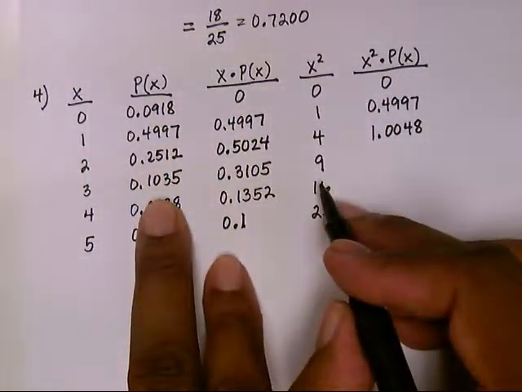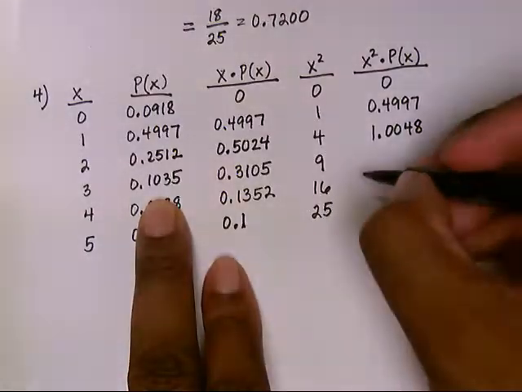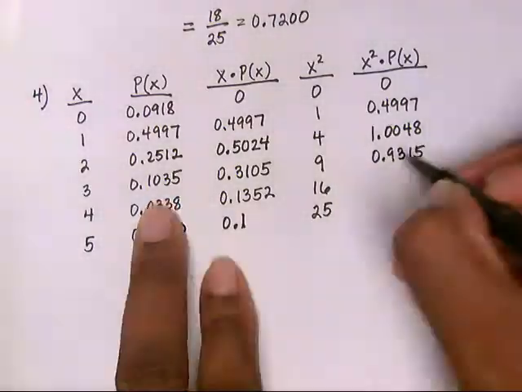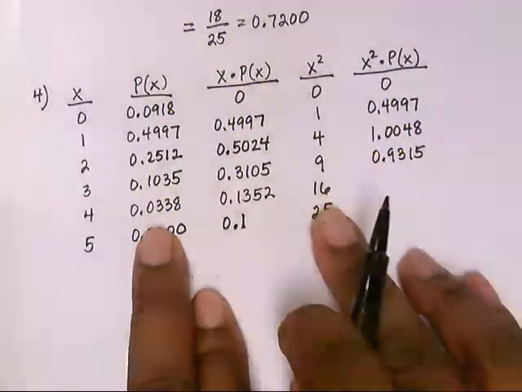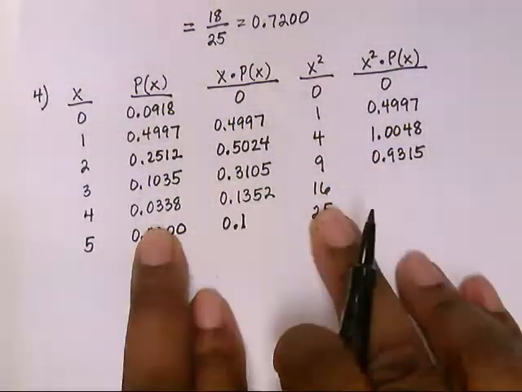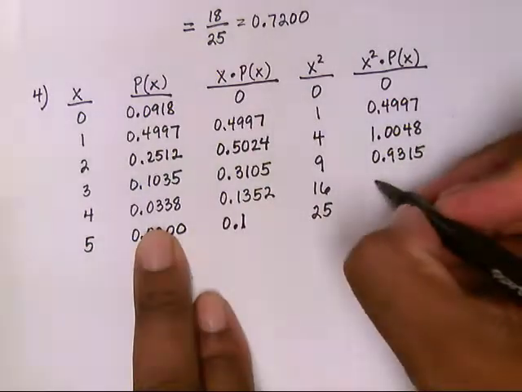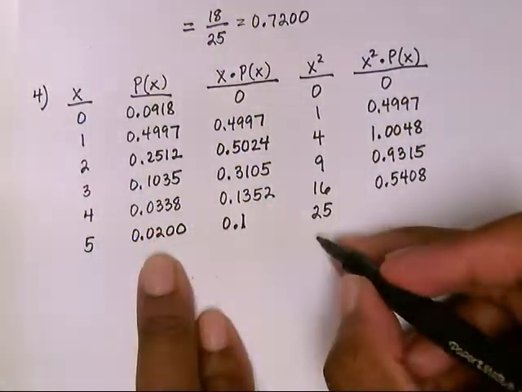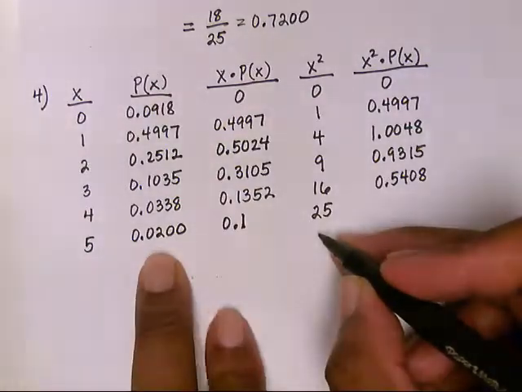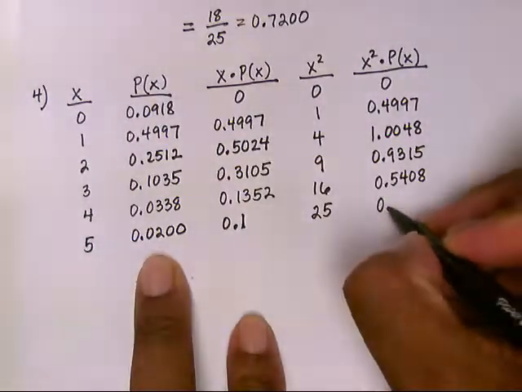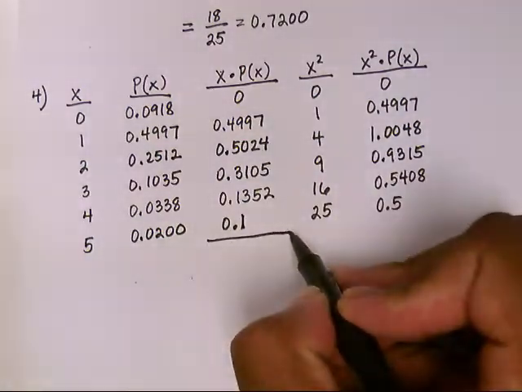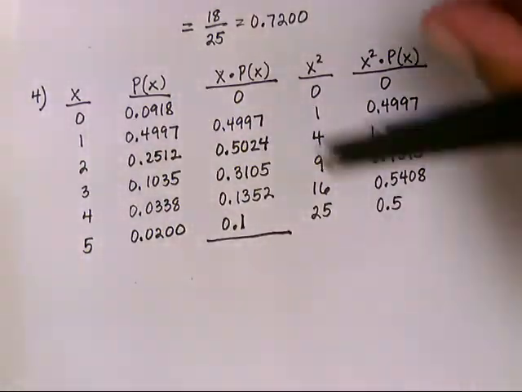And then 9 times 0.1035 will be 0.9315. And then 16 times 0.0338 will be 0.5408. And then 25 times 0.0200 will be 0.5. Okay, so here my table is complete.